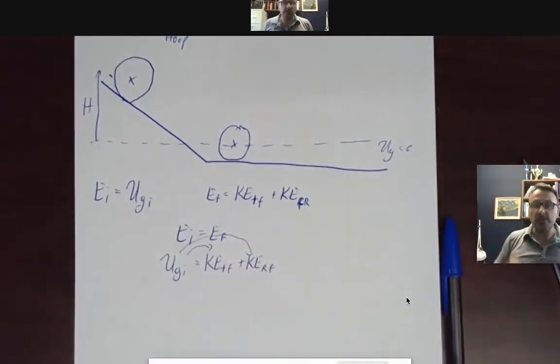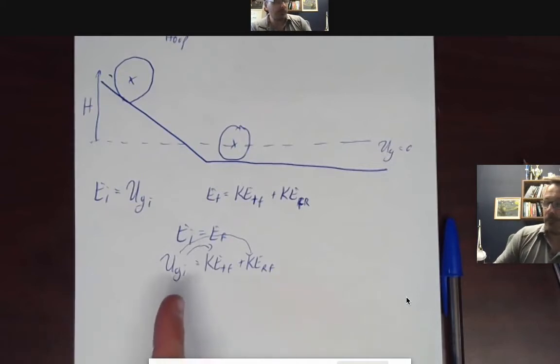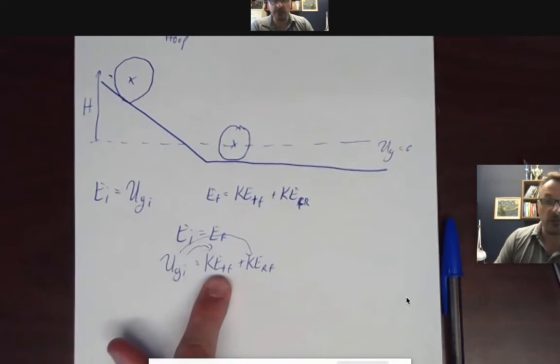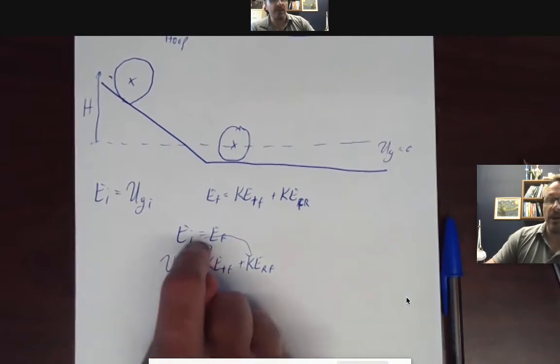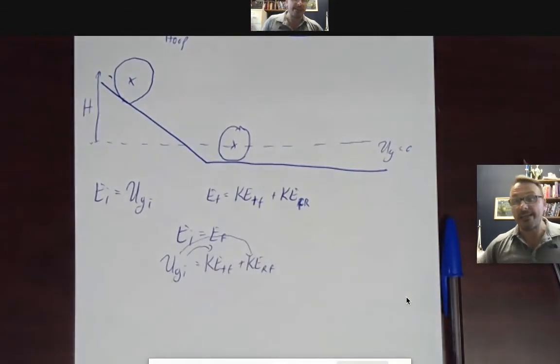This kind of gels with something we said before: when an object is rolling down a hill, it ends up going slower at the end of that hill. Well, here's your explanation. If an object's just translating, all of that energy goes into the translational motion. But if an object rolls without slipping down the hill, that same finite pool of energy needs to distribute into these two buckets, so to speak.